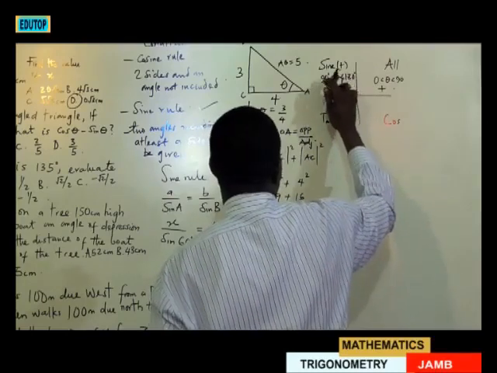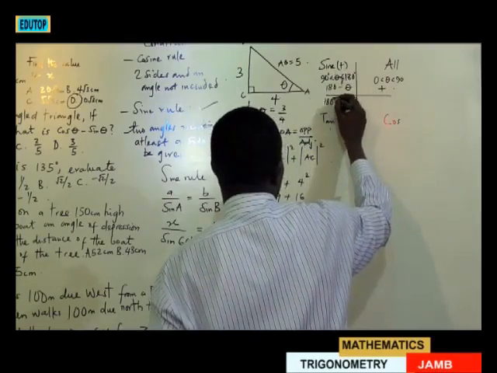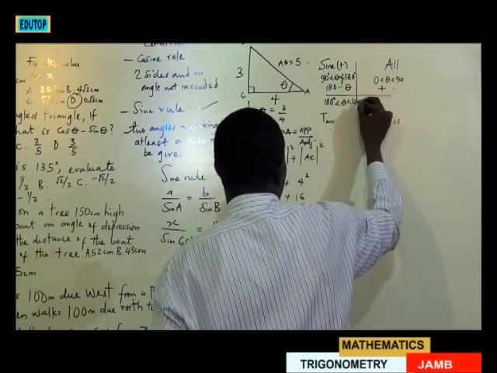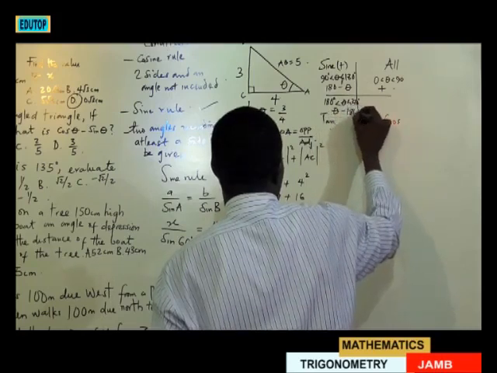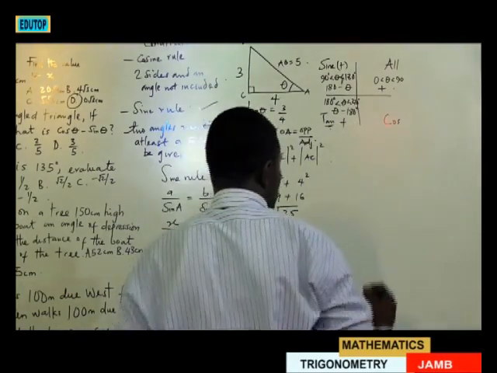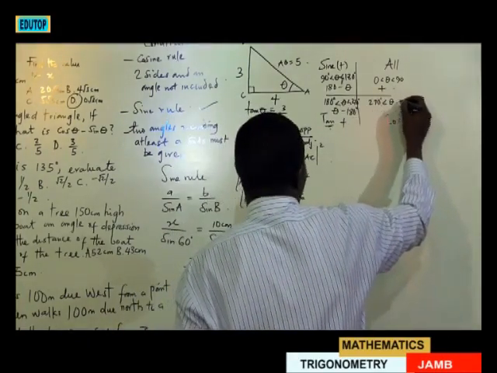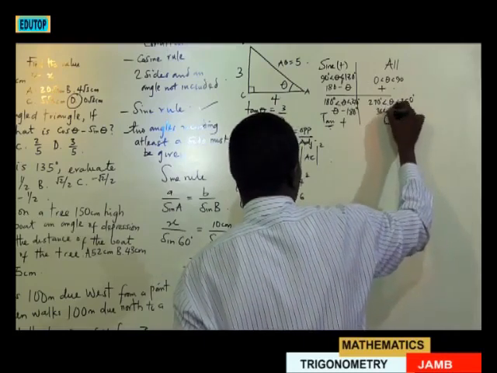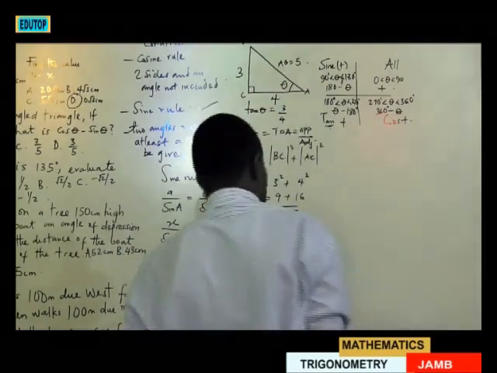Then here, theta lies between 180 degrees and 270 degrees. This one is theta minus 180 degrees, and it's only tangent that is positive. Then the last one, theta lies between 270 degrees and 360 degrees. The formula is 360 minus theta, and it's only cosine that is positive here.